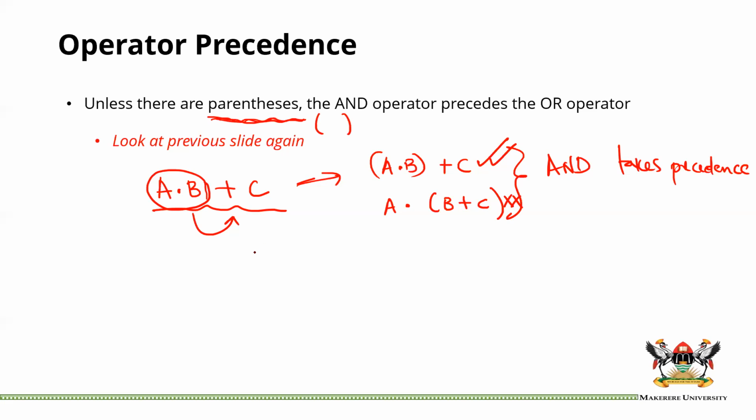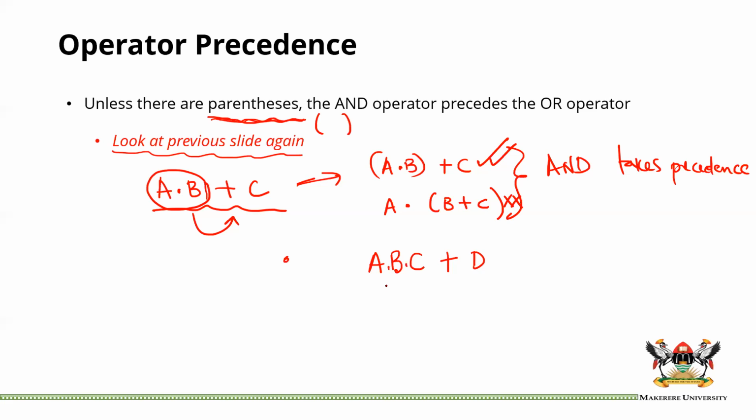But usually it's better to use brackets so that it's very clear. But in case something is confusing you, you should always do the AND operation first. I hope that is very clear. It's really easy. Let's say we have something like A and B or C and D. So what do you do here?